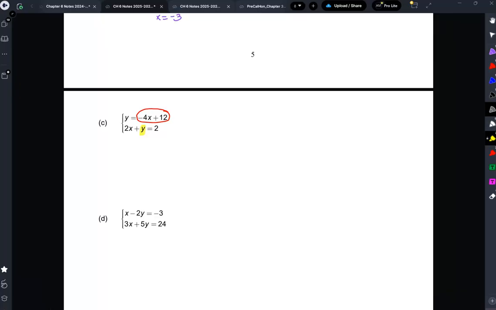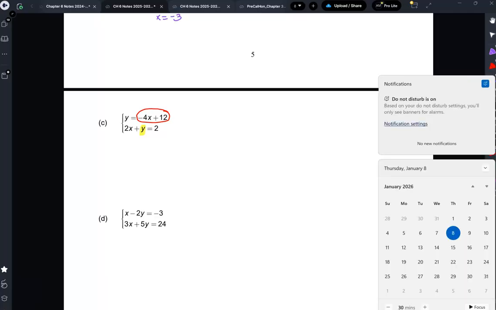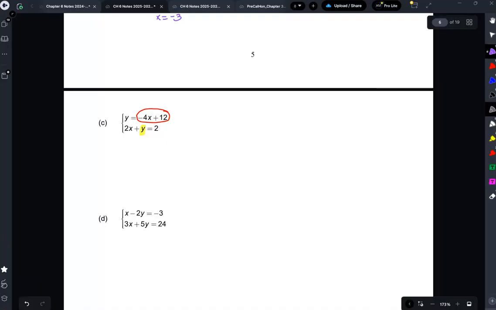But do you see how if I circle this one, it goes into the y of the other equation. Okay? You can't put it in the y of the same equation, then it all cancels out. You have to put it in the y of the other equation. So now I get 2x plus negative 4x plus 12 is equal to 2.